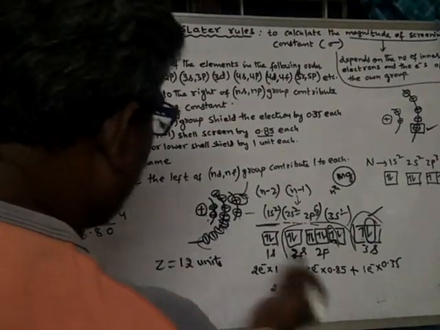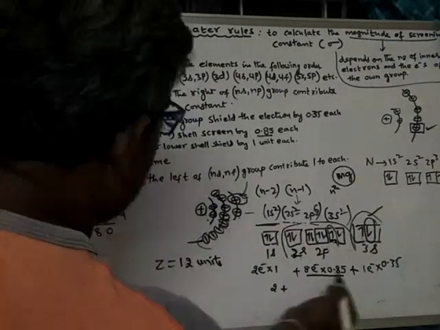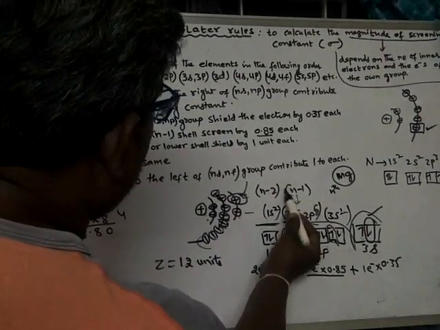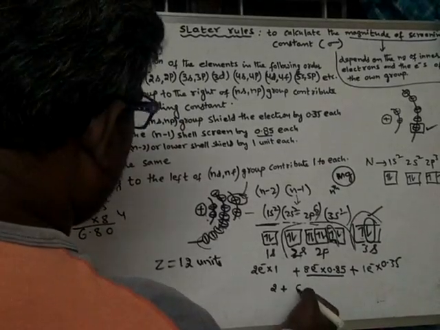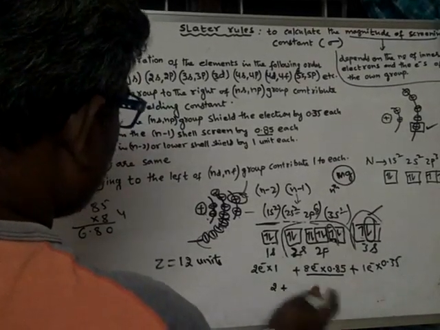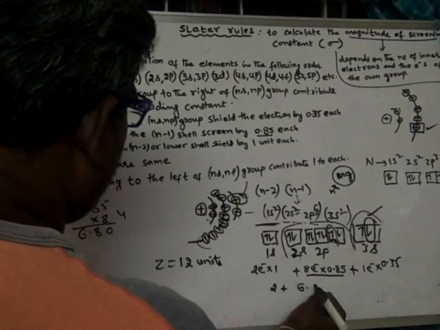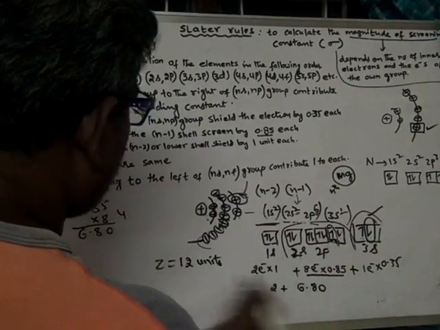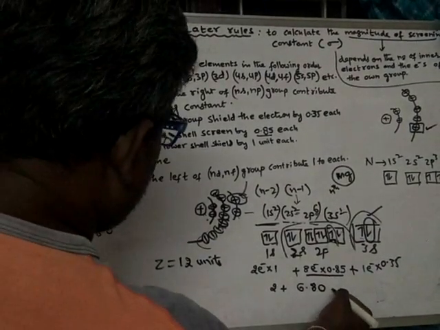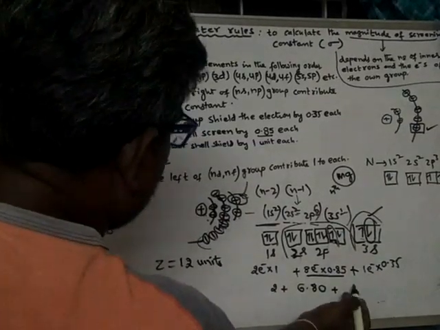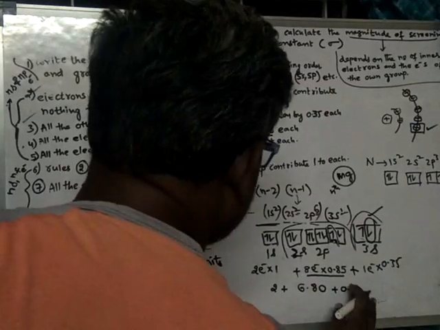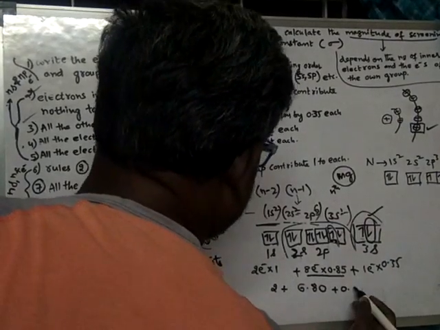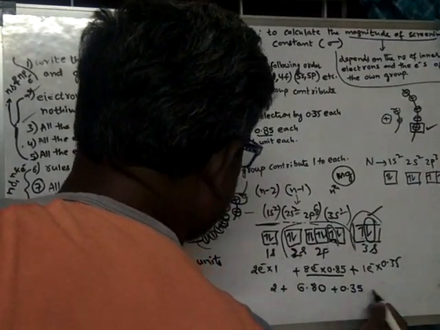Altogether 6.8. That means the 8 electrons present in n-1 show a screening effect of 6.8. Next, this one electron shows 0.35. So these are all the electrons which show screening effect.